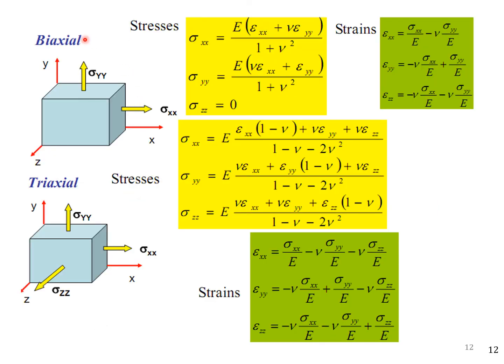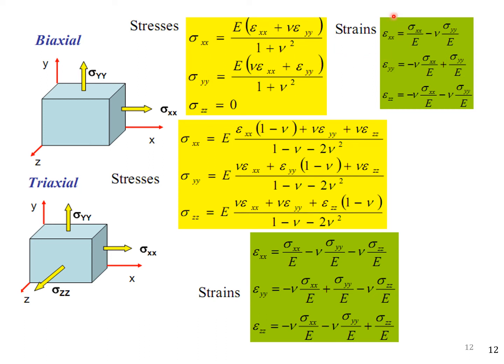If we have biaxial stress, for example, stress applied in the x and y directions and stress in the z direction is 0, then due to sigma xx there will be strain in three directions, and due to sigma yy there will be strain in three directions.